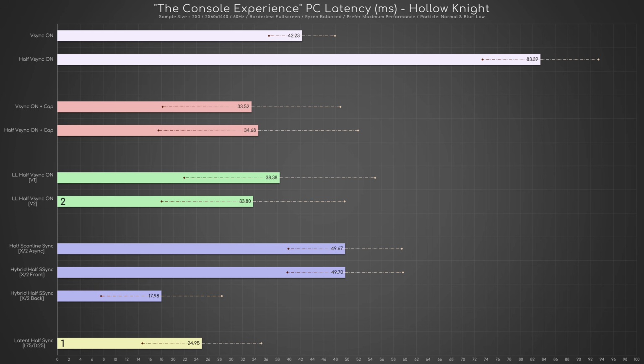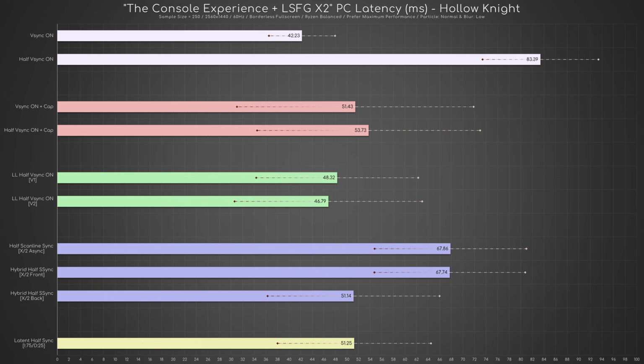that order. But what if I decide to upgrade my experience and add lossless scaling frame generation by 2 on top? Does the ranking change? Well, yes. As you can see, we now have LL half Vsync On v2 and v1 in first and second place, and hybrid half S-Sync back, latent half sync, and Vsync On plus 30 FPS cap, all basically in a third spot.